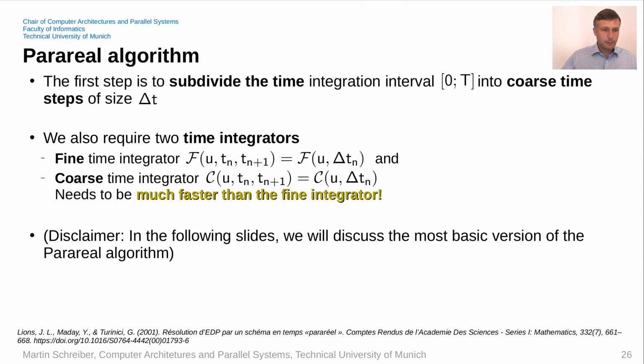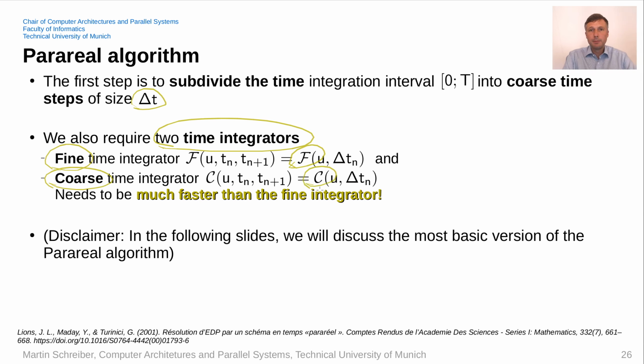on the parallel algorithm. And the underlying idea of that parallel algorithm is that you take your time integration interval and you chop it into coarser time step sizes of time step delta t. And then you take two different time integration methods, namely the fine time integration method, which is denoted here with this curly F, and you also need a coarse time integrator, which is given by that curly C here.